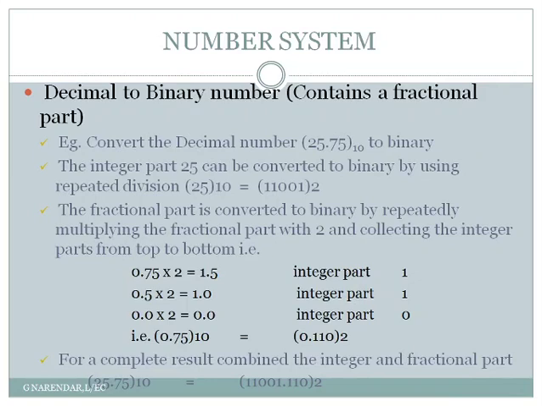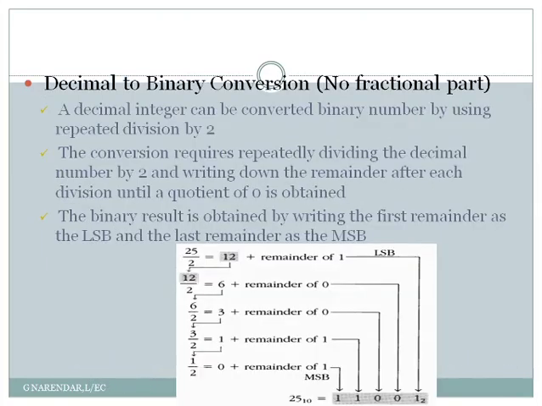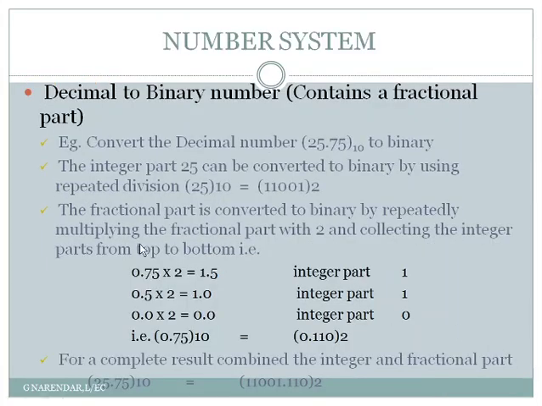So what is the procedure to convert? Here we have taken an example, and with the help of this example we will explain the procedure. The problem is to convert the decimal number 25.75 to the binary system. The problem can be divided into two parts.